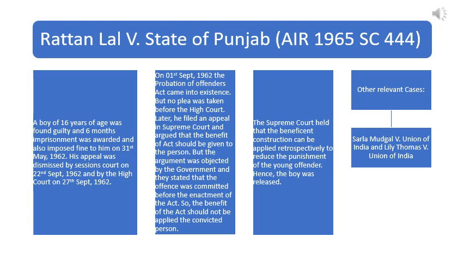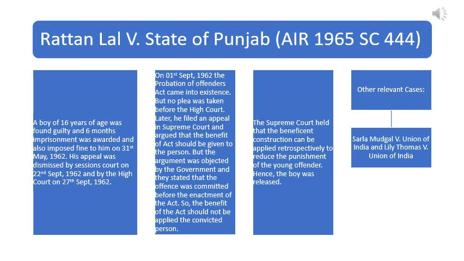In beneficent construction, leniency can be shown to the person who committed a minor offense. So with respect to reduction of the punishment, the court is allowed to apply the law. But the same thing cannot be applied when there is an enhancement of the punishment.